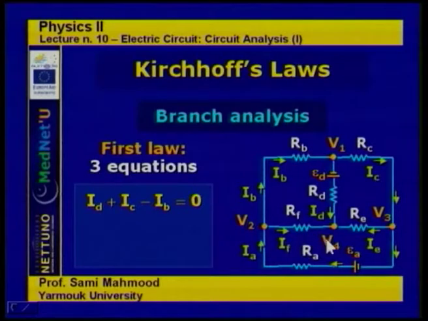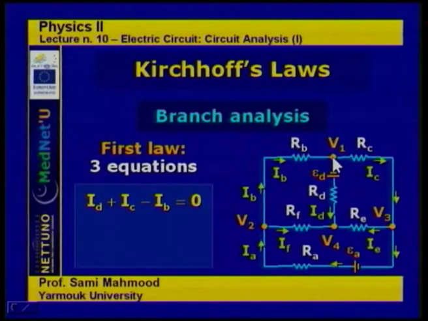For example, ID is here, and IC is here, and IB is here. If we take this node at potential V1 and apply Kirchhoff's first law, then the currents entering are equal to the currents leaving.